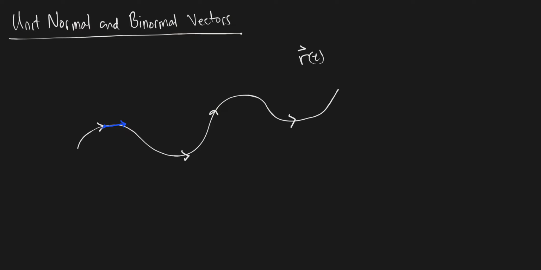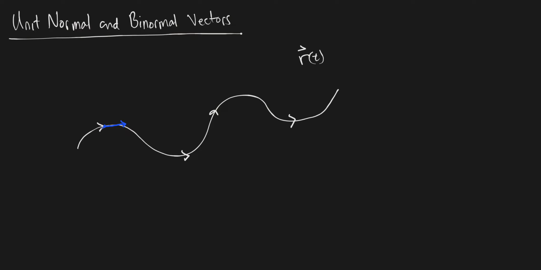Well, think about it. Our unit tangent vector, since it's a unit vector, since it's always the result of a normalization process, has a magnitude that is always 1. So in fact, its magnitude is not just any old constant, it's actually 1. All those blue vectors that I've drawn are unit vectors.